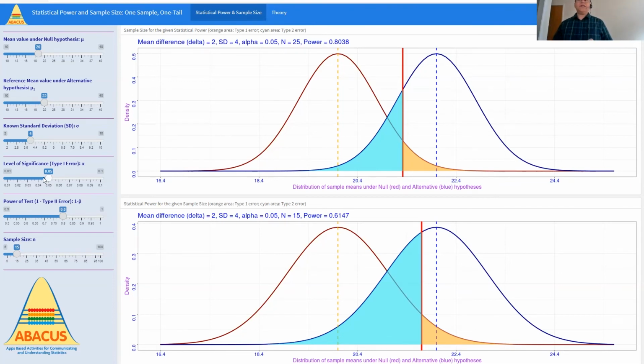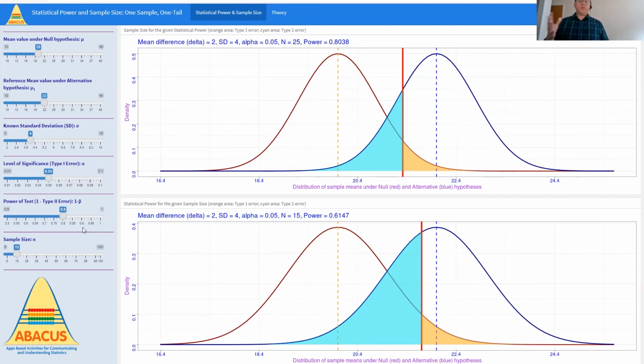Now, the type 1 error, or the level of significance, alpha, we deal with after collecting data, when we test against the null hypothesis. But there is another error, the type 2 error. For type 1 error, if the null hypothesis is true and you reject it, then we commit a type 1 error. For type 2 error, if your alternative hypothesis is true and you fail to reject the null, then we commit a type 2 error.